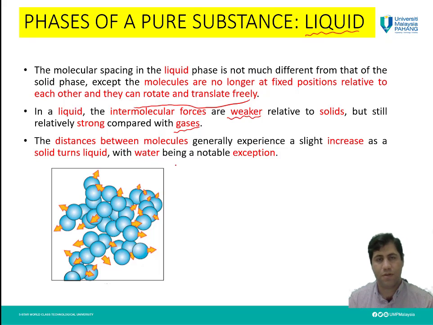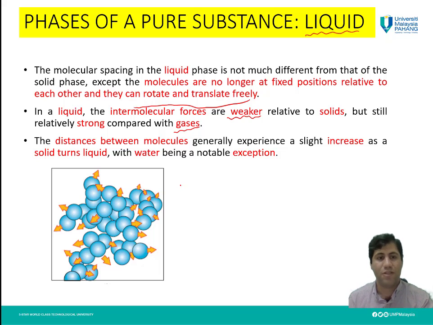As I told you in the previous slide, when temperature is increased, the velocity of oscillation in the solid will be higher. At a specific temperature, this oscillation will be high enough to break down some part of that intermolecular forces.